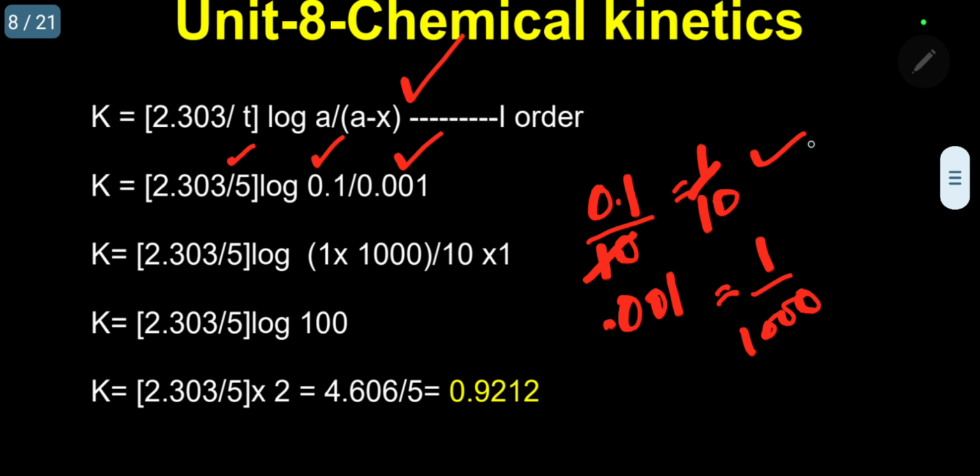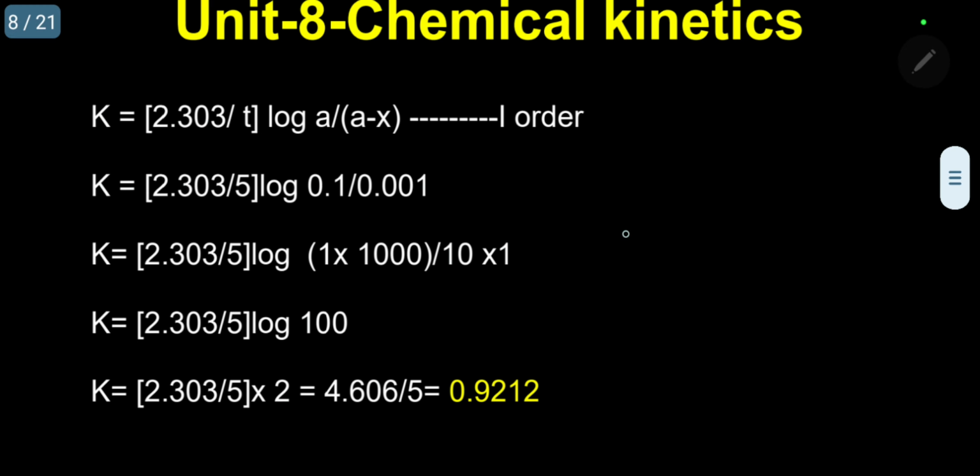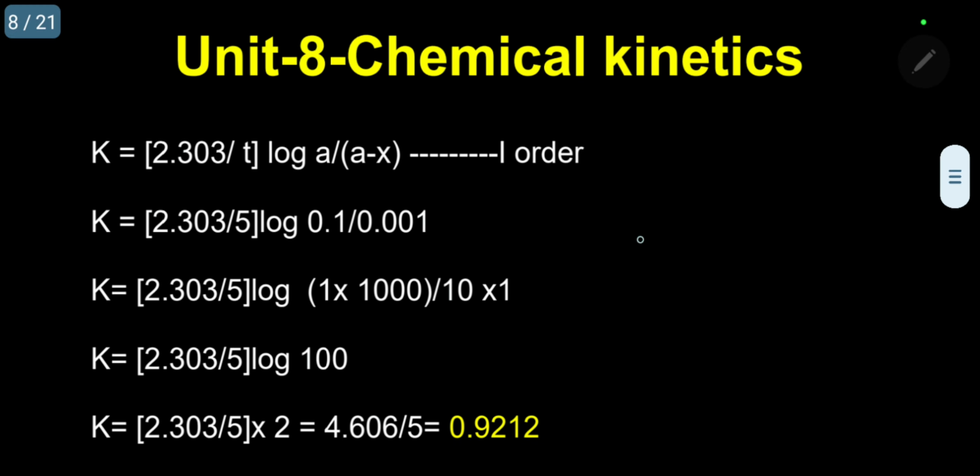Kindly follow. So these two readings I am substituting here. So 1 by 10 I am writing, divided by 1 by 1000. Already divided below is 1 by 1000, so automatically 1000 will go upward.